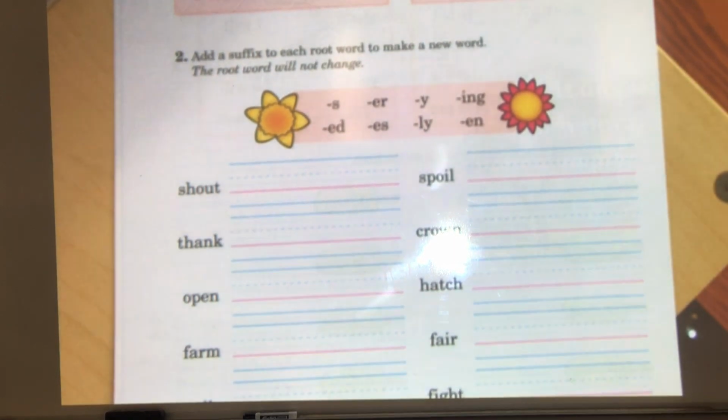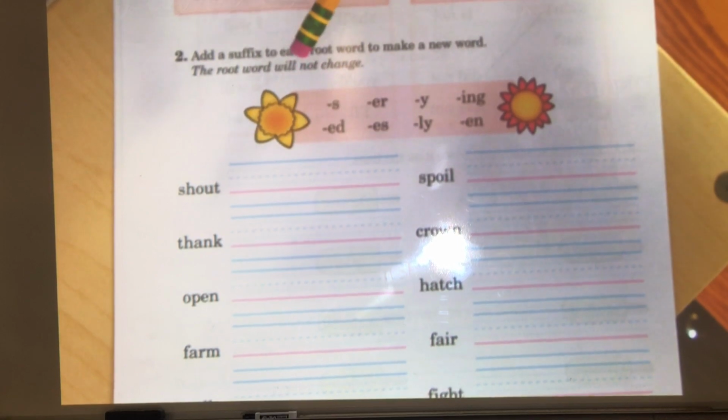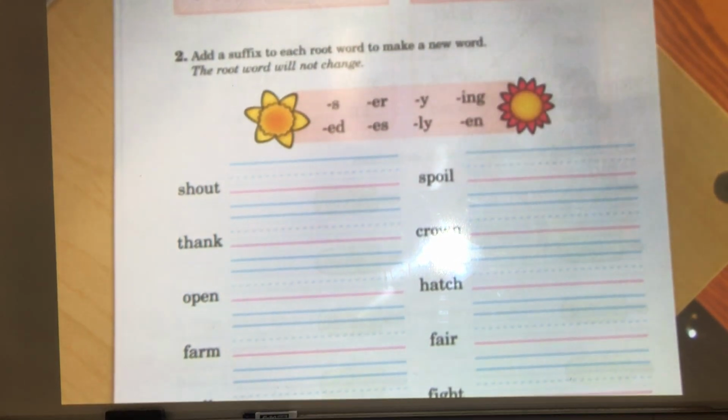The direction for section 2 says add a suffix to each root word to make a new word. The root word will not change. So here in the word bank, you have all the different suffixes we have learned.